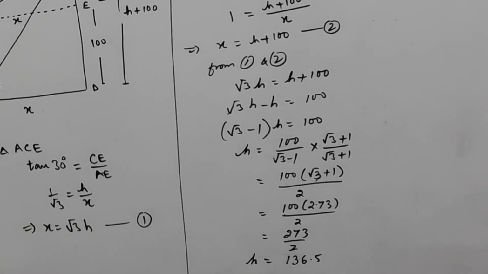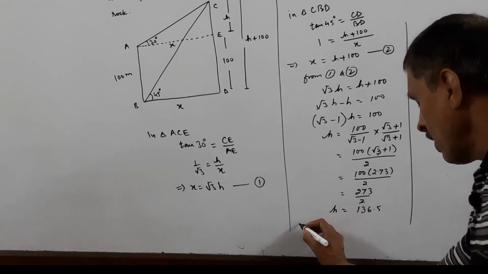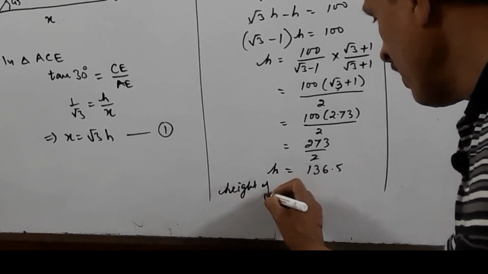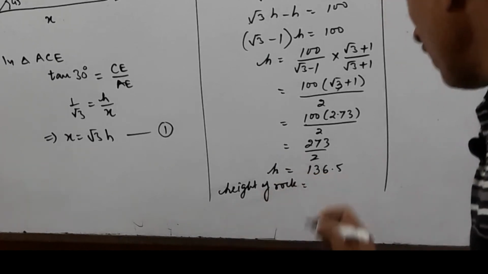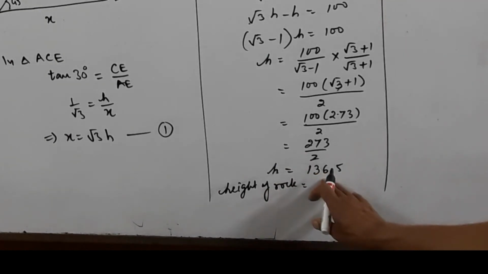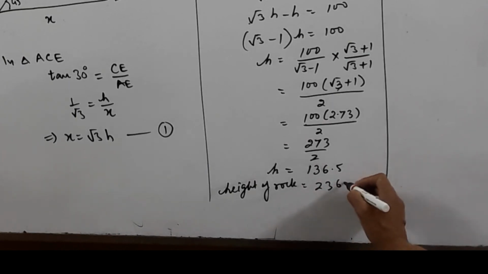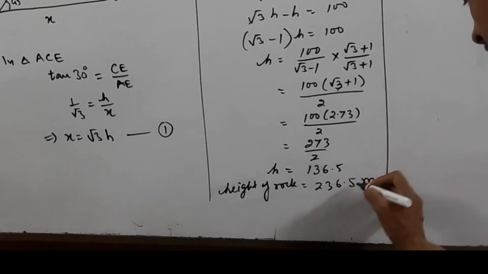H is equal to 136.5. So height of rock is 136.5 plus 100, and that is 236.5 meter.